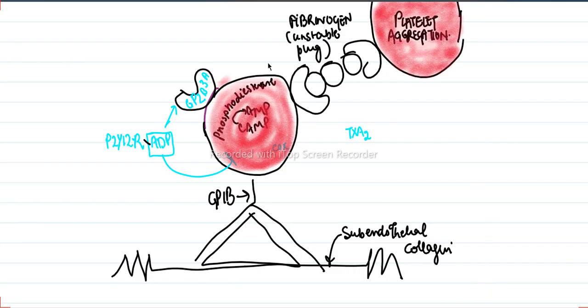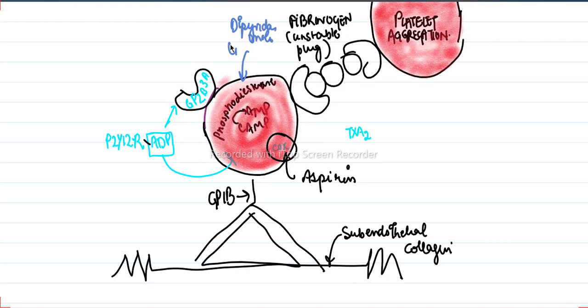So, labeling the drugs which we talked about, first we talked about aspirin, which was a COX inhibitor. The next drugs we talked about were dipyridamole and cilostazol, which were phosphodiesterase inhibitors.